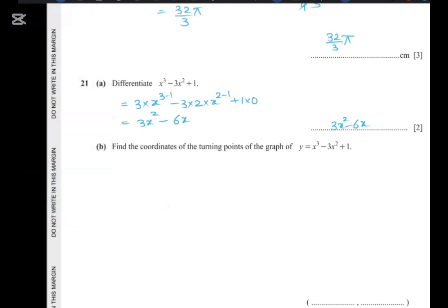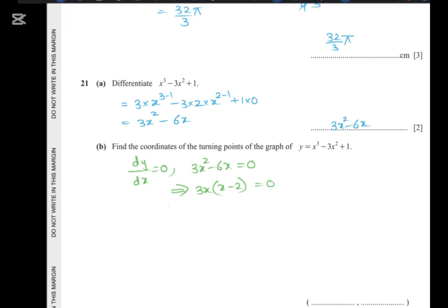So to find the turning points, always make the differentiation equal to 0. The differentiation we already got is 3x square minus 6x, make it equal to 0. Solve it for x. Taking 3x common, I get 3x into x minus 2 in brackets equal to 0.